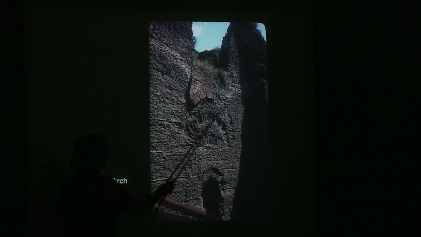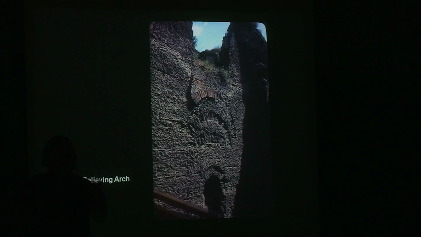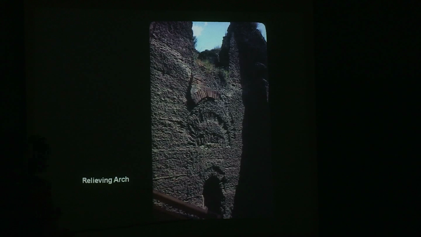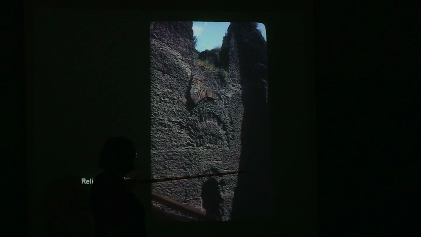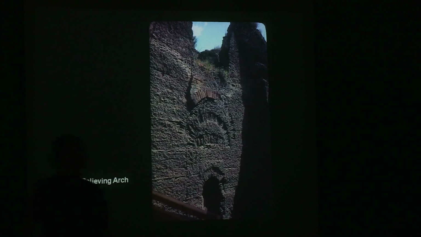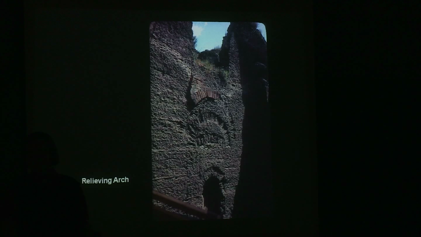These arches were built within the thickness of the wall. So you would build in different compartments, as you see here. The concrete would then dry in smaller amounts, and then you continued.